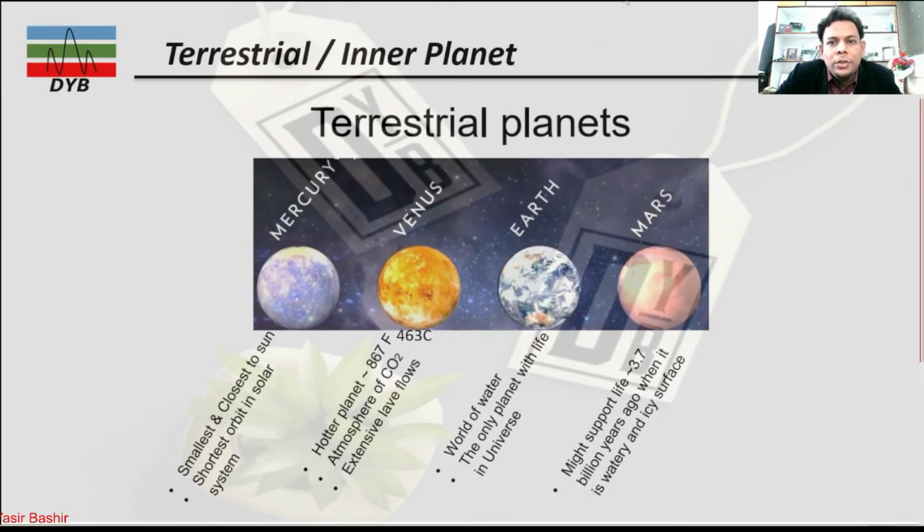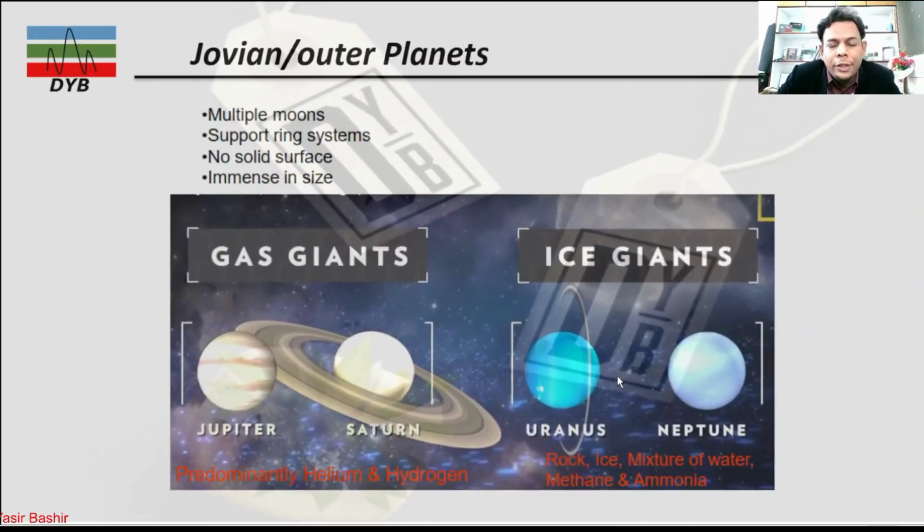Now moving to the Jovian planets, the outer planets. Inside the Jovian planets, we have further classification. We have divided the Jovian planets into two. One is the gas giant planets because they are made of gases.